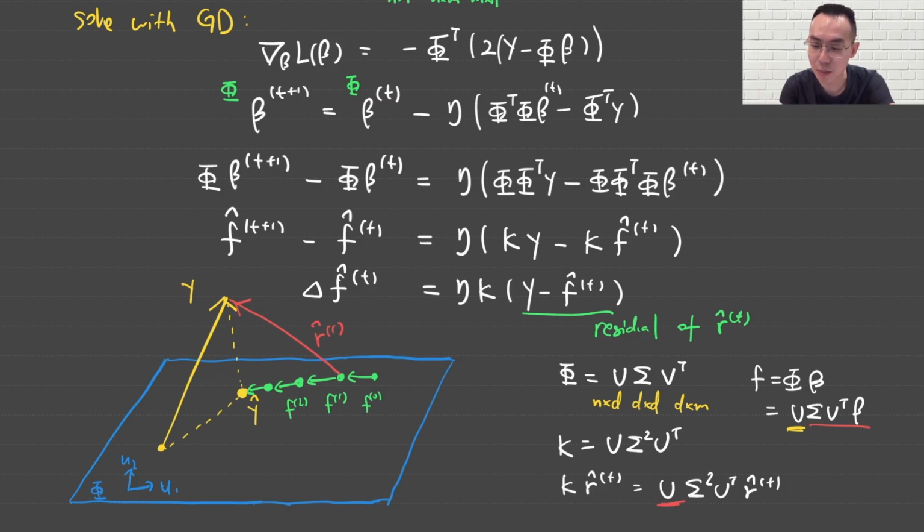Phi is an n by m matrix here, and in some cases, like a very large neural network, m can be very, very large, depending on the number of parameters we have. But it turns out that gradient descent doesn't care about that. It only cares about this kernel matrix K, which is an n by n matrix given by the number of training data points. That's where all the training updates occur.